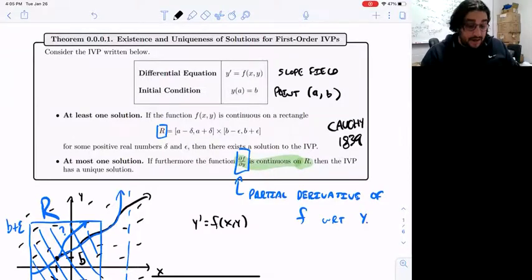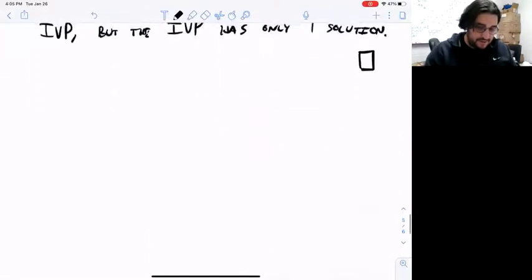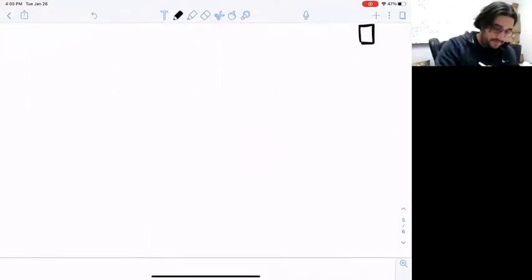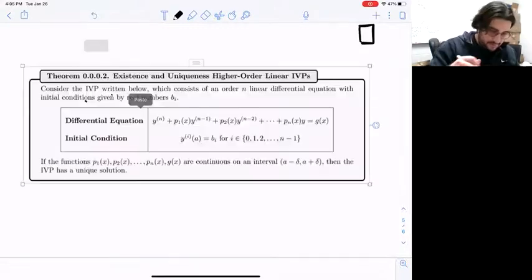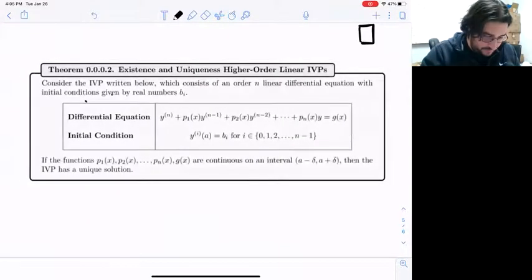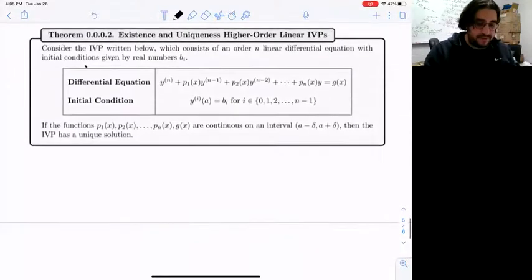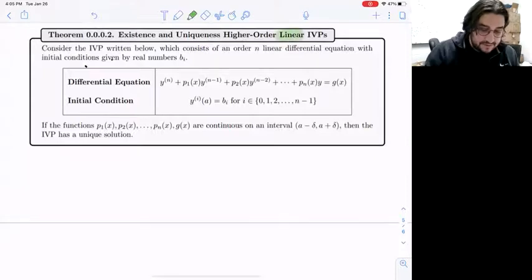Right? I also want to show this second order theorem, right? So I mentioned there's a whole second theorem, and I want to talk about this one now, right? So this higher order theorem. This one, we have an extra condition here, higher order linear IVPs.